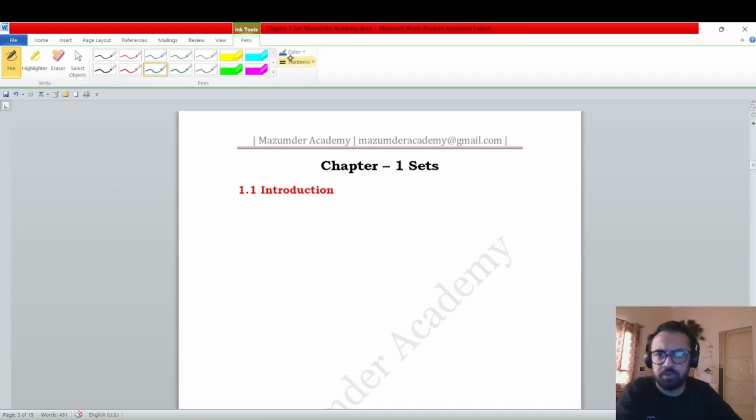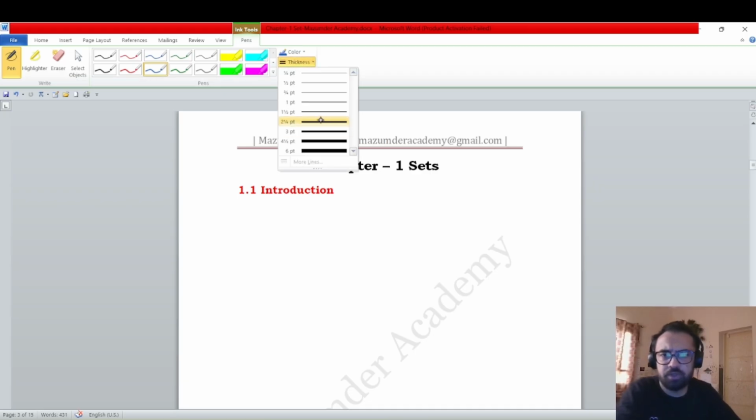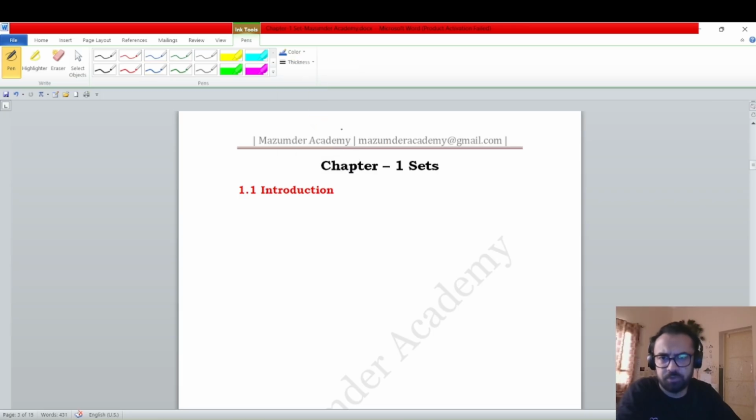Actually, this set we are using in our daily life in many ways, many times, but we do not know that this is a set. So we are using it, but as we are not aware that that is a set, or some of us may be aware of it, we will see explicitly about the set today.